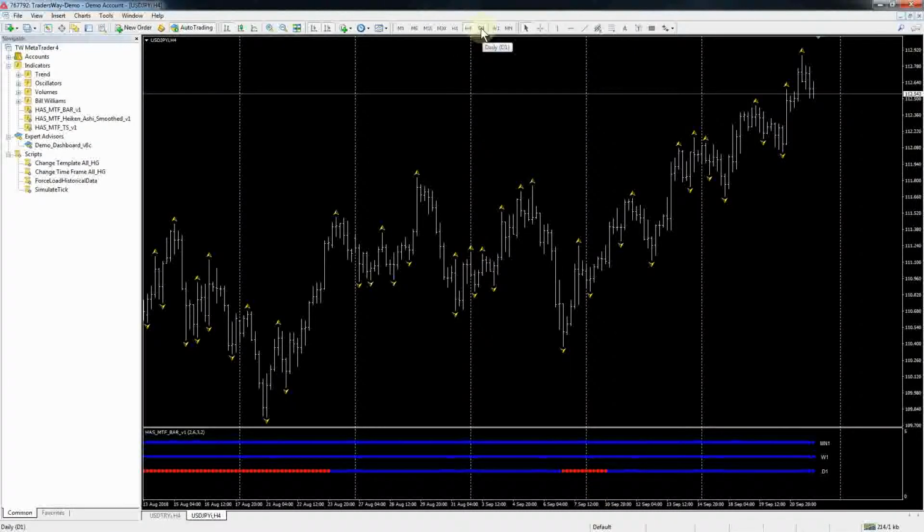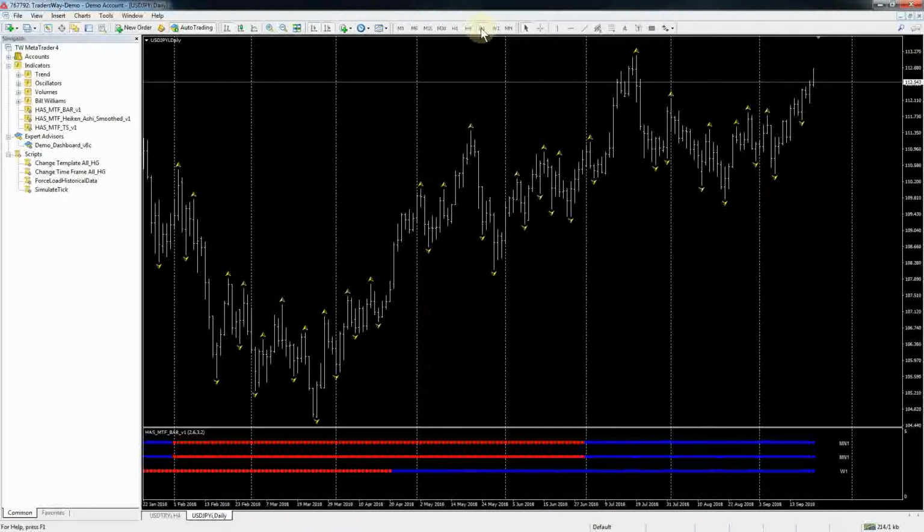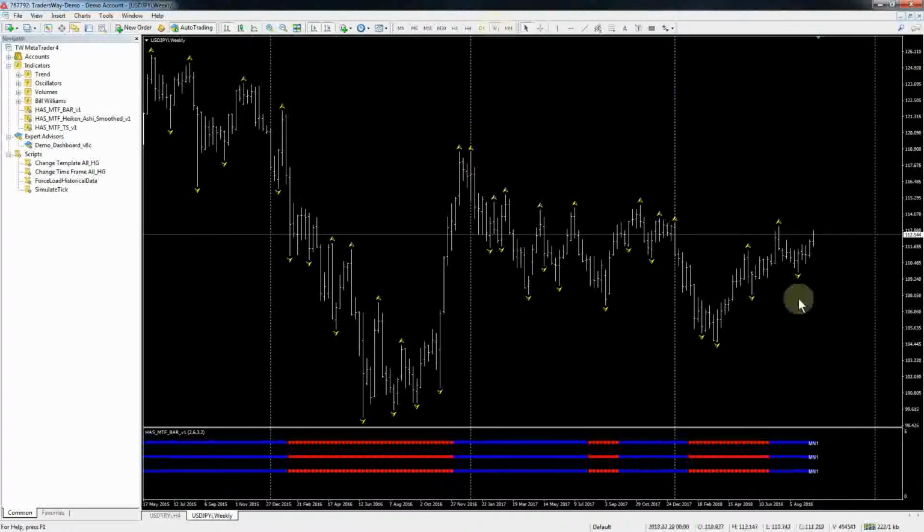And of course, as you go up, you run out of time frames. So you're going to end up with 2 monthlies here to weekly, because there aren't 3 time frames above the daily. And if we went up one more, you can see they would all turn to monthlies, because the only time frame above the weekly is the monthly.